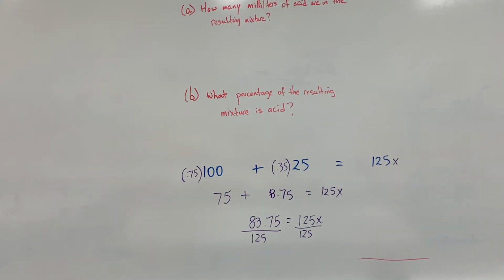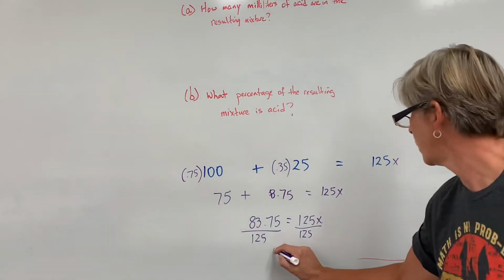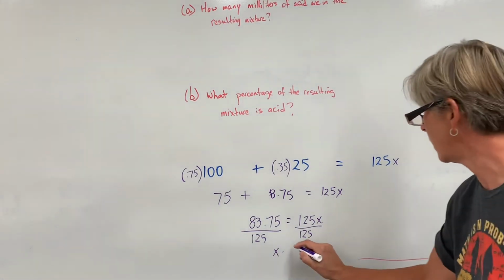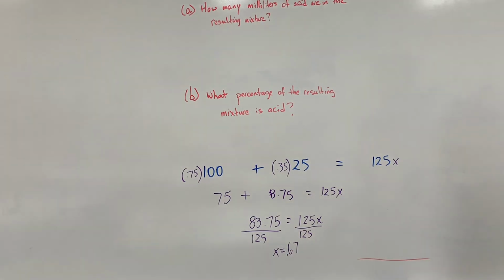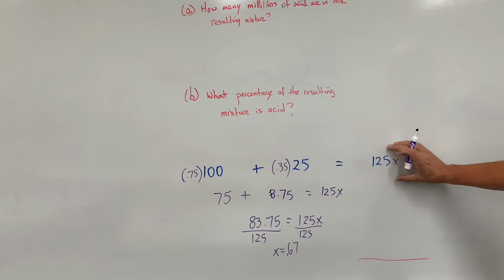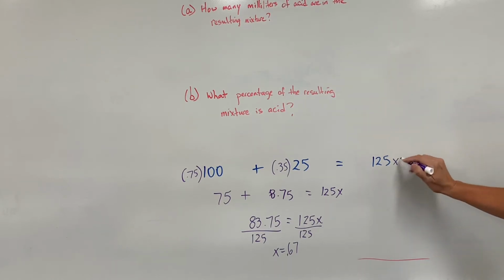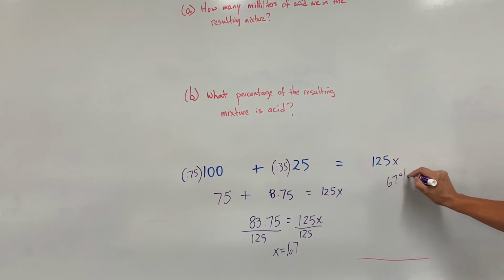So what does that mean? Well, I just got x equals 0.67. X was the amount of acid on my total, so it'd be 67% acid for my mixture.